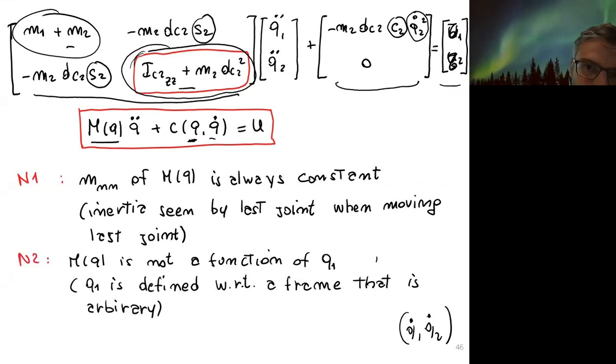This time Q desired dot is zero, so this term is always zero, and we have only the inertial term. The inertial terms we need to compute as a function of the Q2 variable, which is constant.